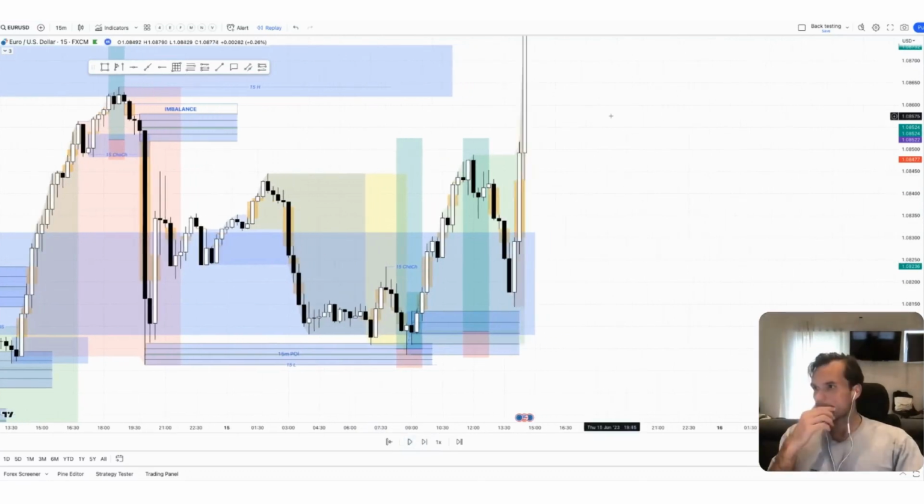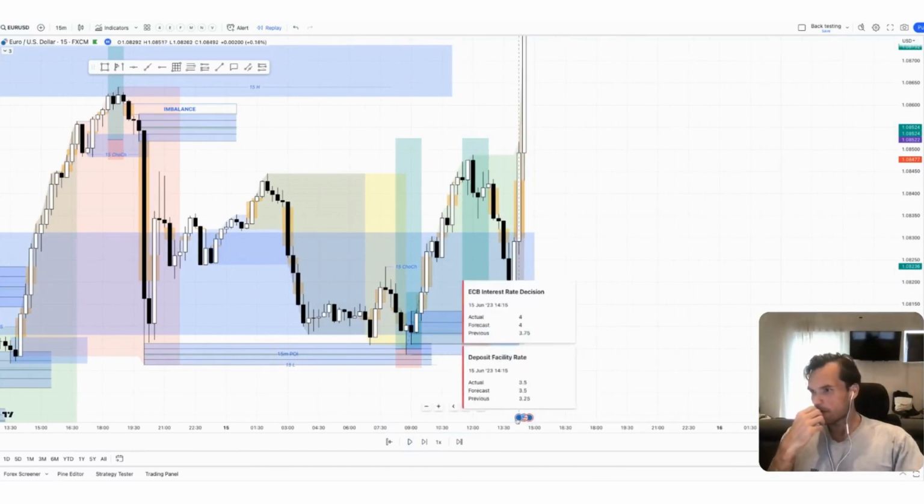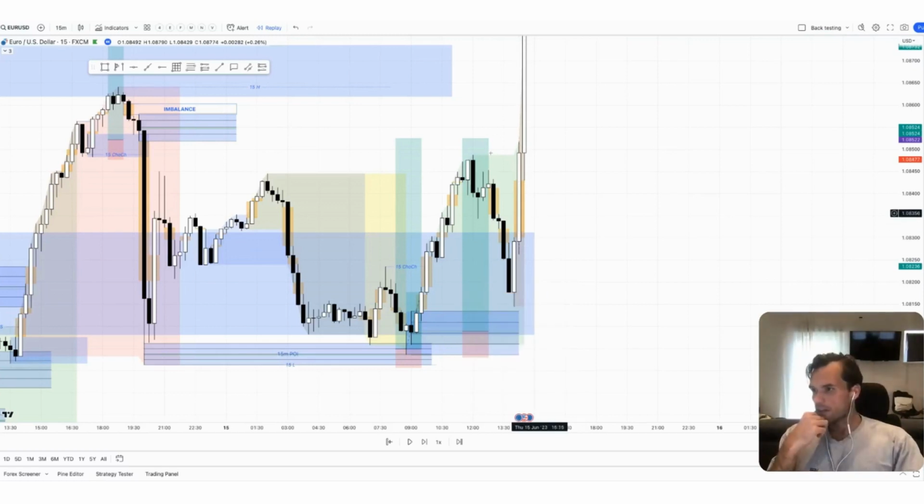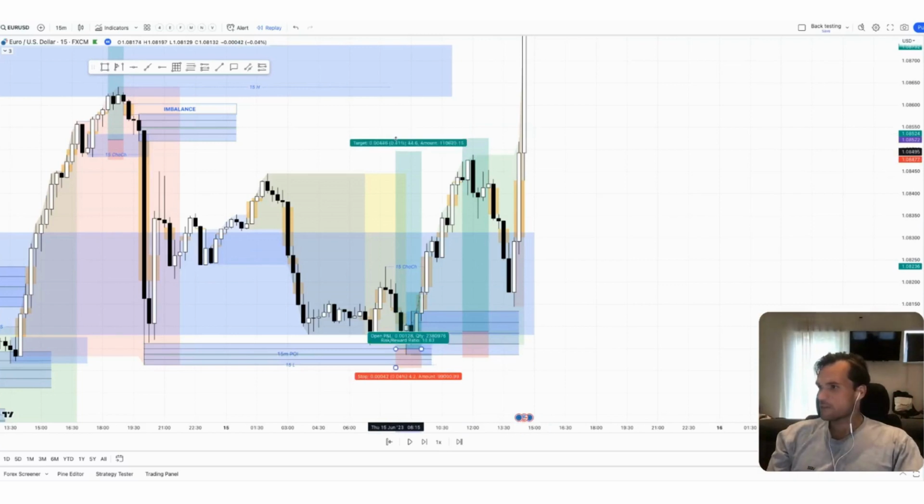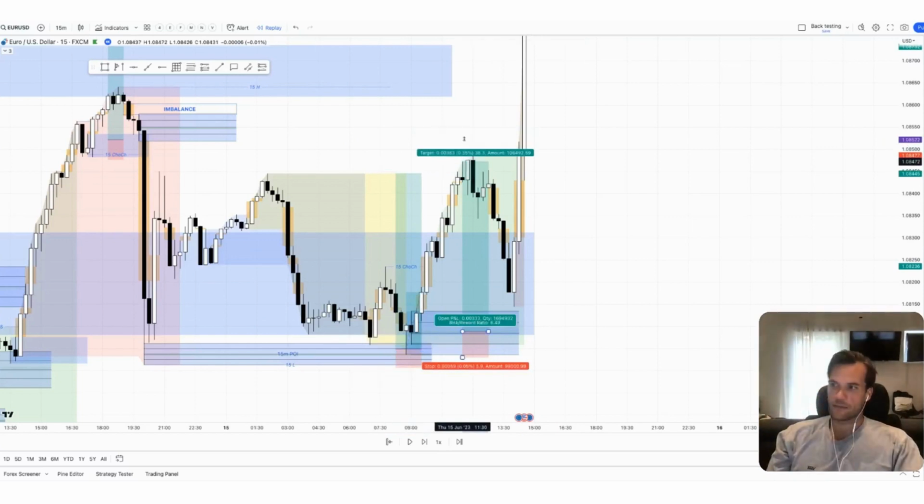Whoa. Okay, well, more news. ECB decision rates. Obviously, if this was coming up, instead of being so ambitious, I would have probably just gone for liquidity being taken on Asia, or I would have ran it up with some 1 minute time frame, to be honest.